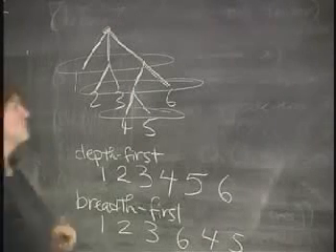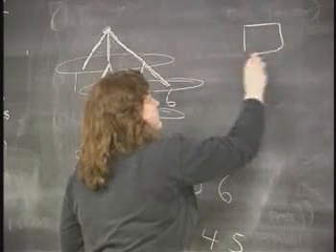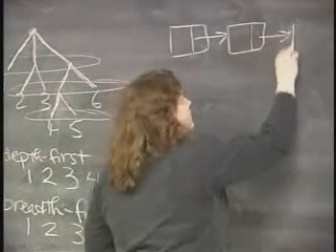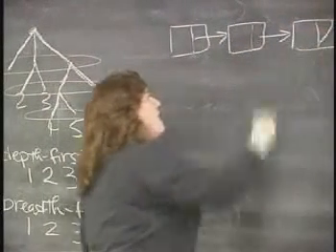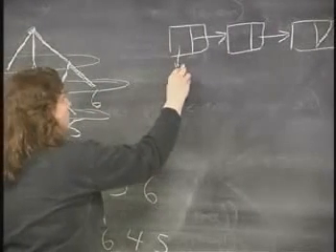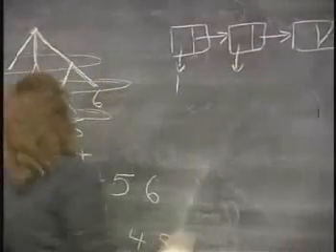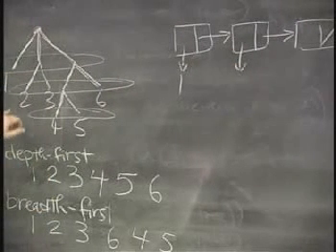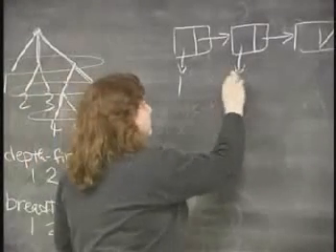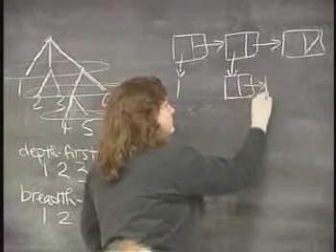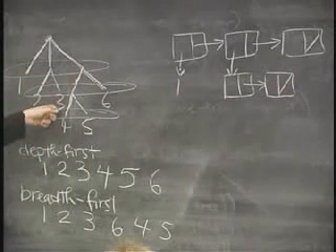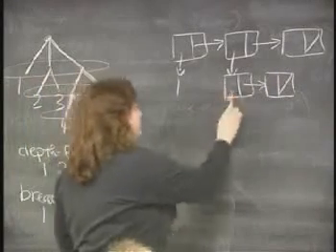So let me draw this as a list structure so we can see how we're going to attack this problem. The topmost list is a list of 3 elements, with the first one being 1, with the second one being a list of 2 elements. And that list has a 2 as its first element and a 3 as its second.